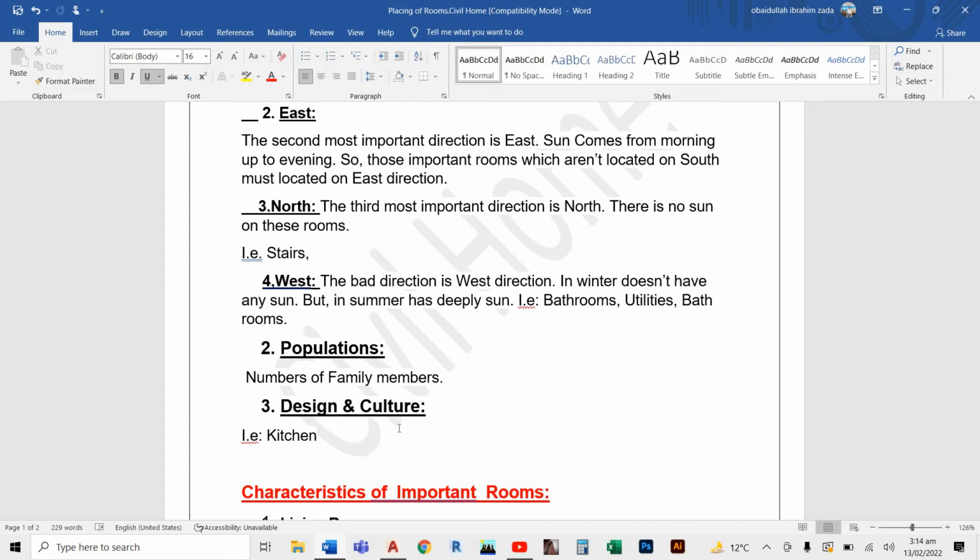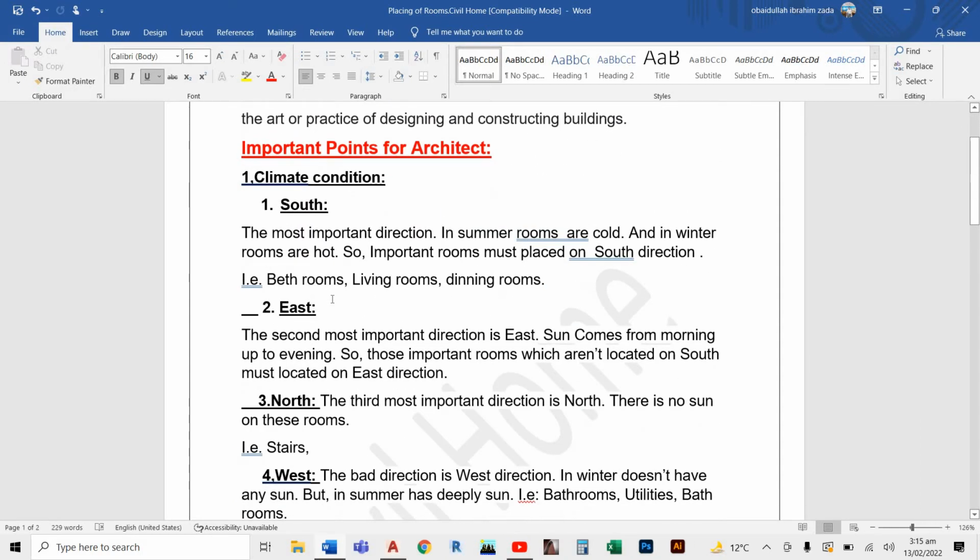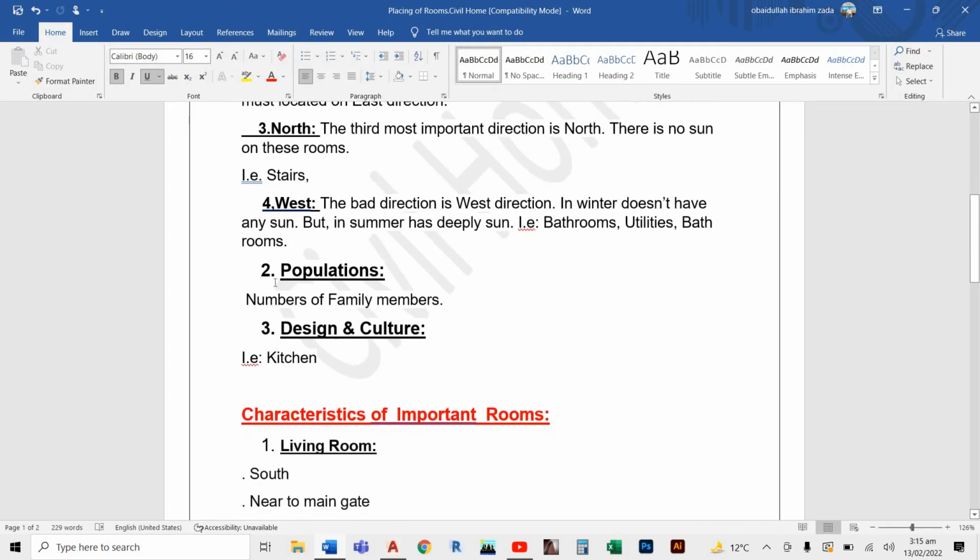There is no wall, there is no door, and easily the women or girls can work in the kitchen when guests come or go. But in Islamic countries like Afghanistan, like Pakistan or other Islamic countries, that is not allowed, and the kitchen is not open and attached to the corridor or hall. So these are the three important things that we should consider during the designing. The first one, climate condition; the second one, population; and the third one, design and culture.